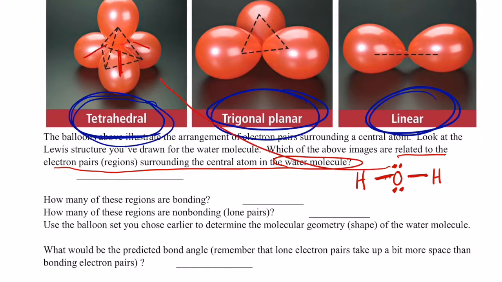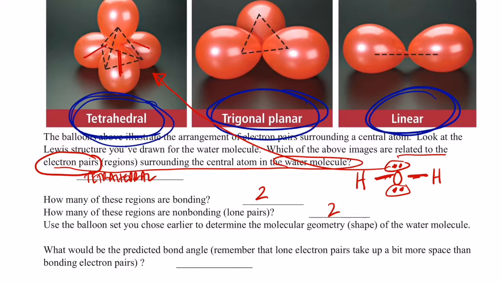So that's going to be related to this shape over here, isn't it? So we would say that this is related to a tetrahedral electronic geometry. How many of those are bonding regions?